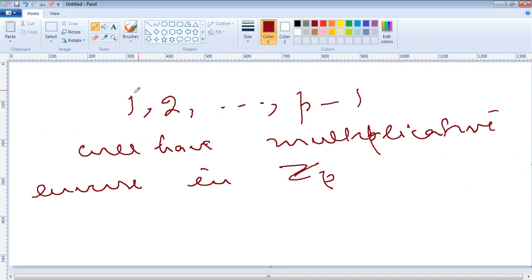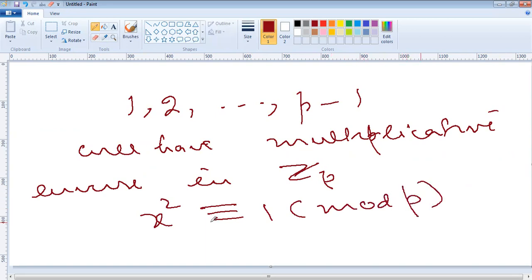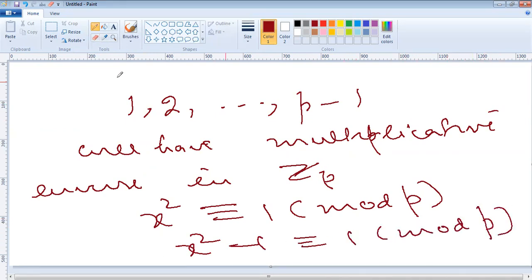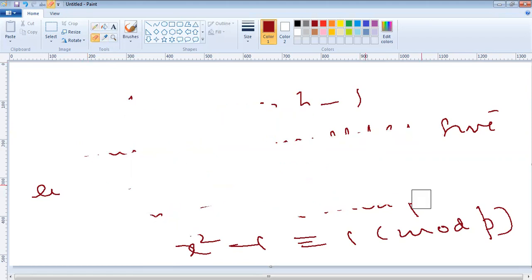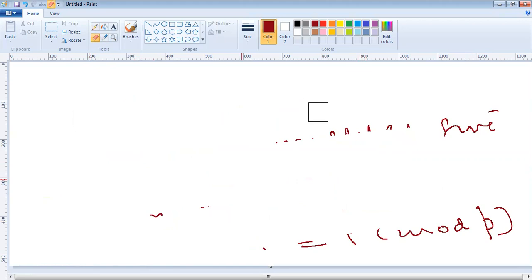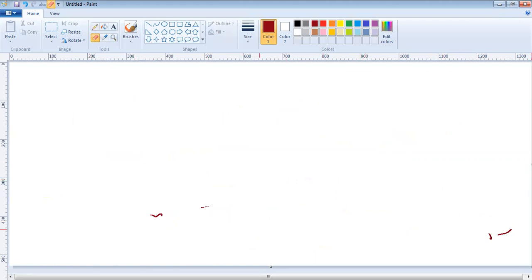However, if you look at the congruence x square is congruent to 1 modulo p, that is x square minus 1 is congruent to 0 modulo p, this is a congruence of degree 2. And Lagrange's theorem says that if you have a congruence of degree n, then you can have at most n solutions for that congruence.